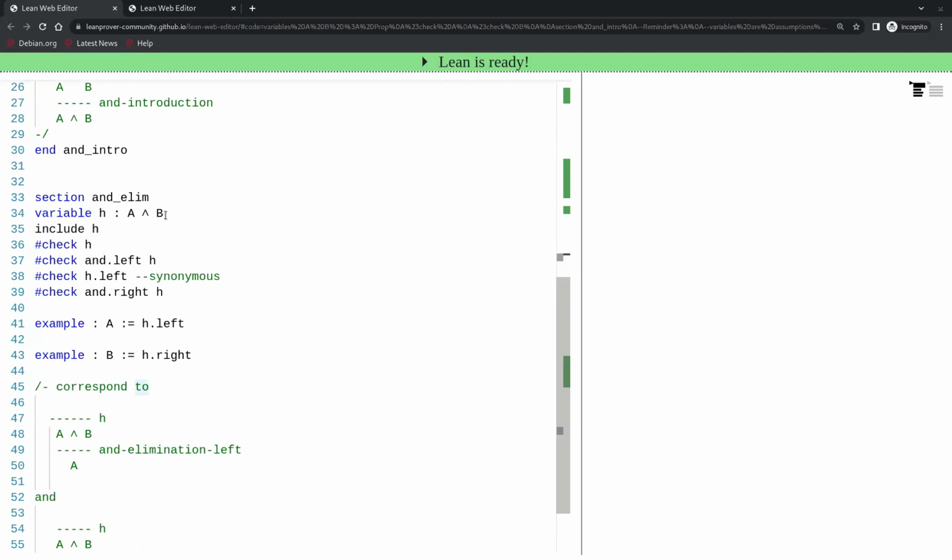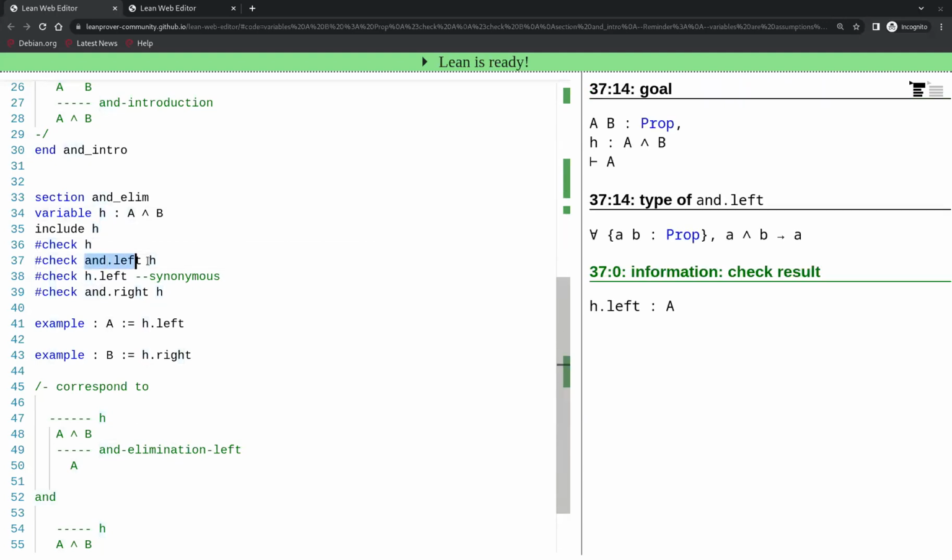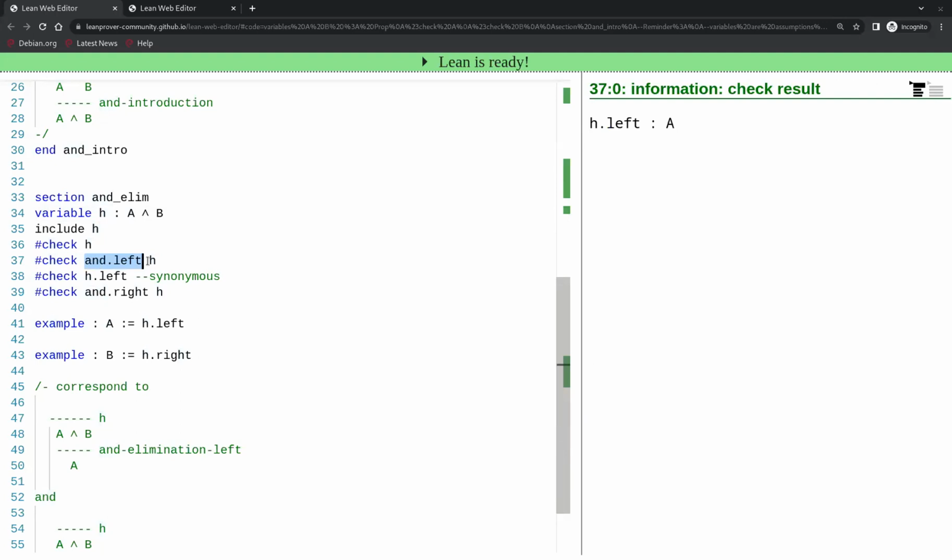Let's look at the elimination rule. The elimination rule tells us what we can do with a proof of the proposition A and B. So suppose that H here is a proof of A and B. One thing that we certainly want to do, when we have a proof of A and B, is to prove A from it. That can be done using the built-in constant called and.left.